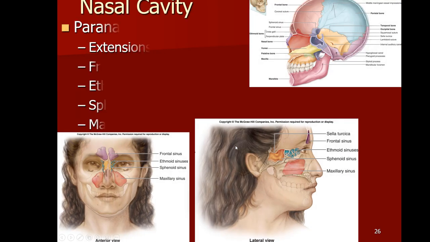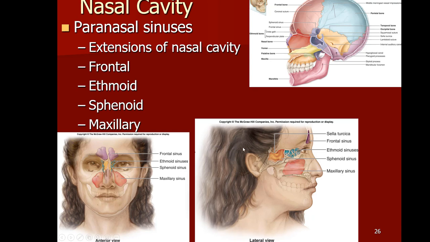Back to the nasal cavity. So the nasal cavity is this whole area in here when air goes in through the nose. In addition to the overall nasal cavity, we also have these cavities called paranasal sinuses. And there's 4, and they're just kind of like air pockets within these respective bones. So you have one in the frontal bone, one in the ethmoid, one in the sphenoid, one in the maxillary bone.